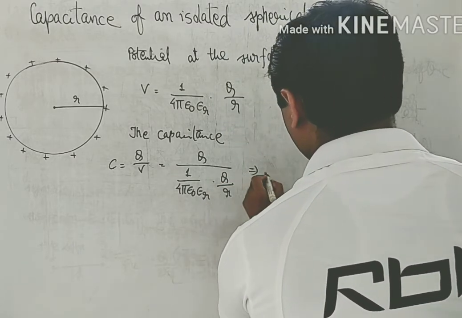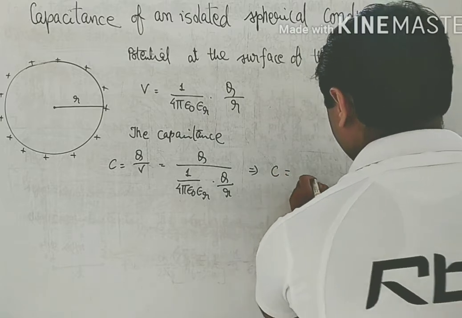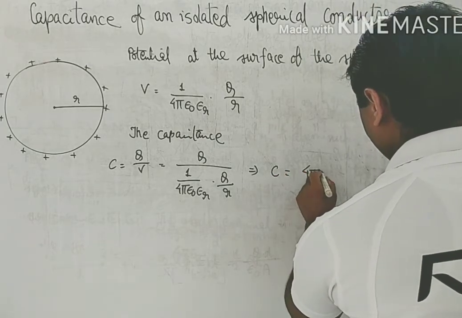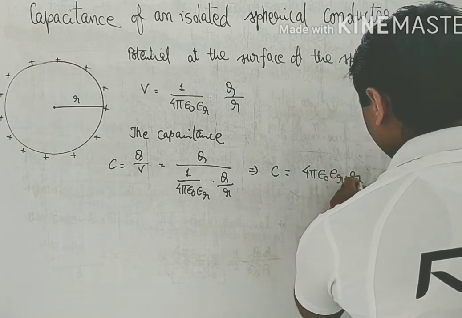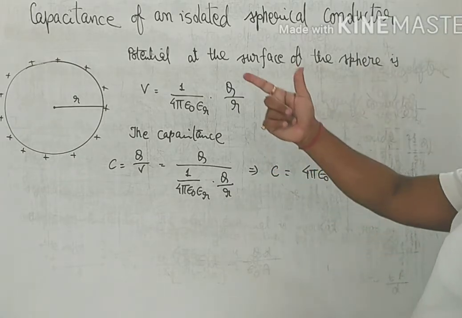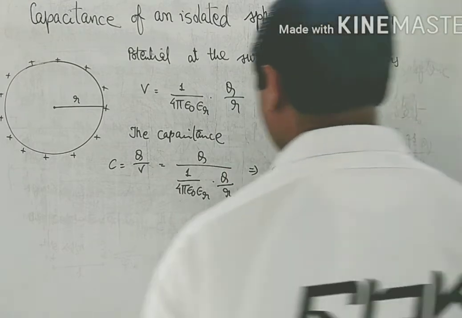This implies that C equals 4 pi epsilon naught epsilon r into small r. So this would be the capacitance of that conductor.